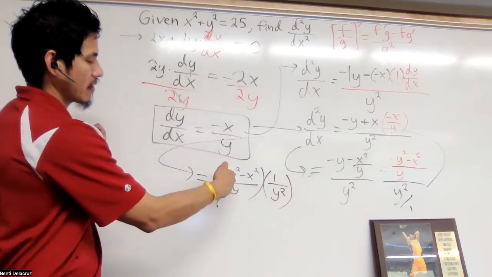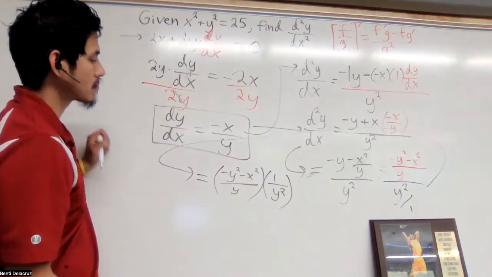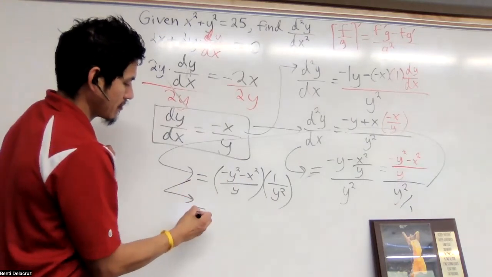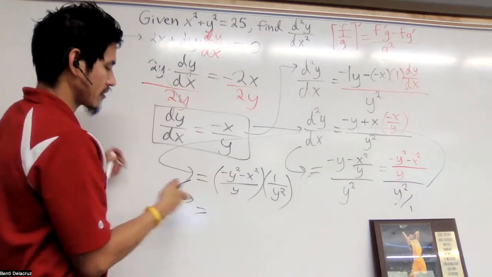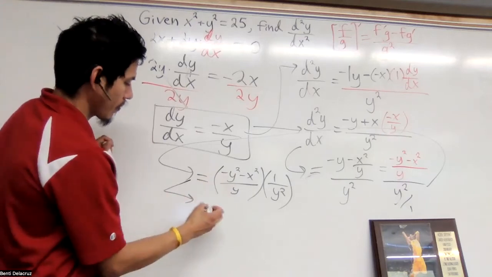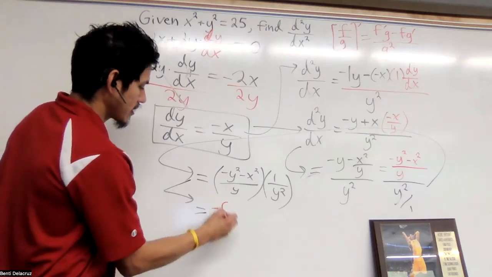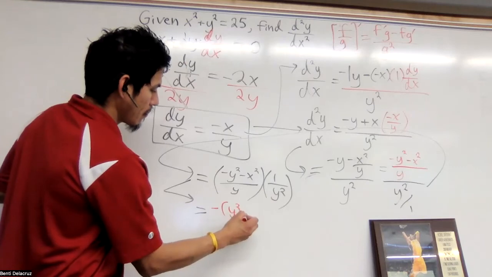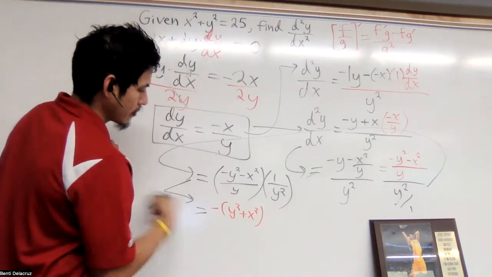And so this will be negative y squared minus x squared all over y cubed. And then you'll probably see the answer written like this. From here, we can factor out a negative 1. So we can have a negative 1 times a y squared plus an x squared all over a y cubed.